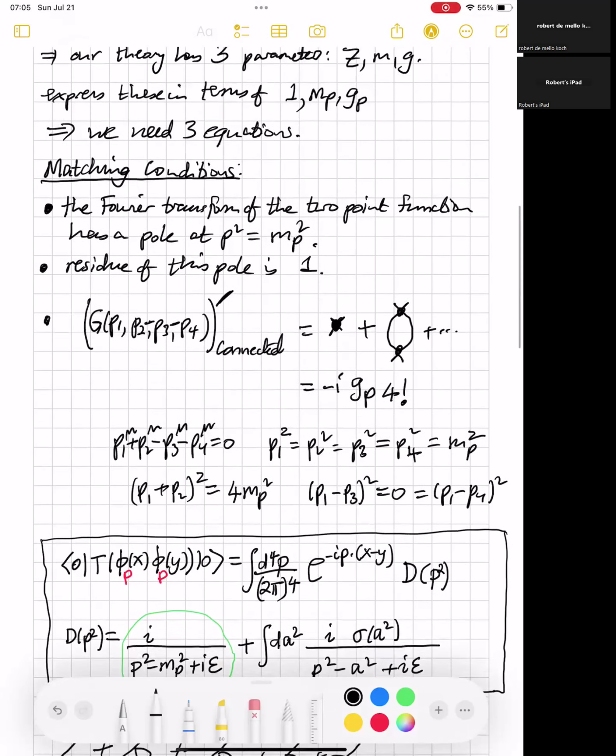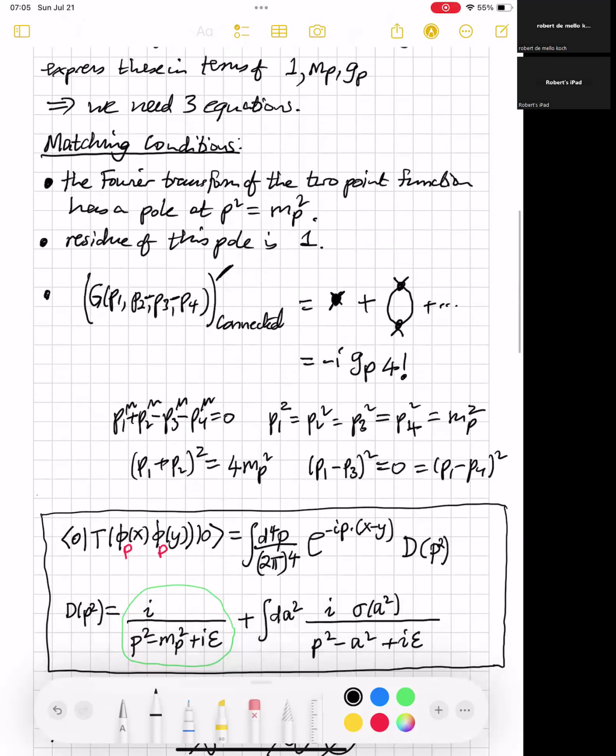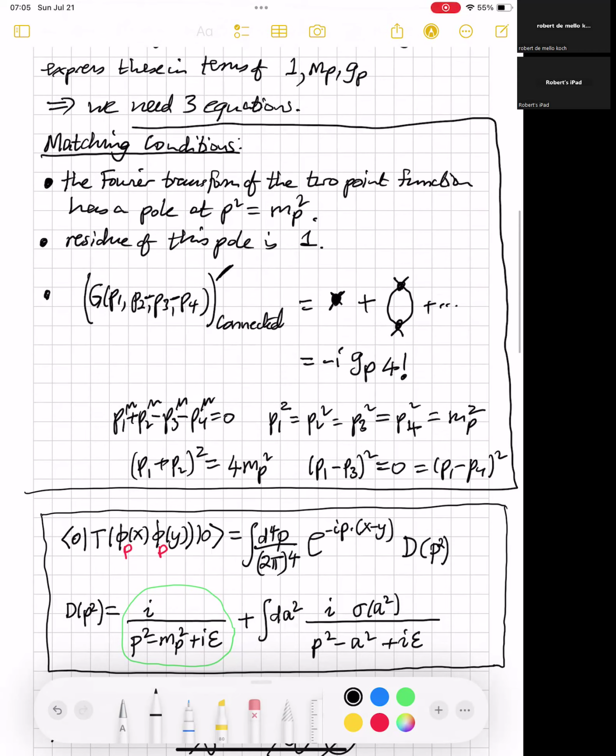Okay, so what you can see here is that with these 3 matching conditions, we now have 3 equations. You have to calculate these correlation functions using the Feynman rules. Once you've got the 2-point function, take your Fourier transform, make sure its pole is at P squared equal to the physical mass squared.